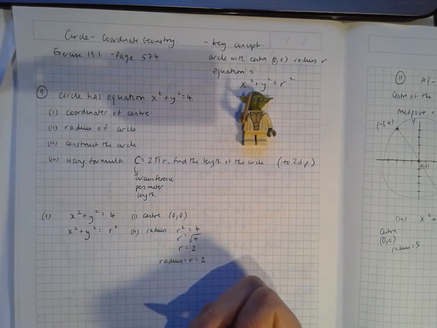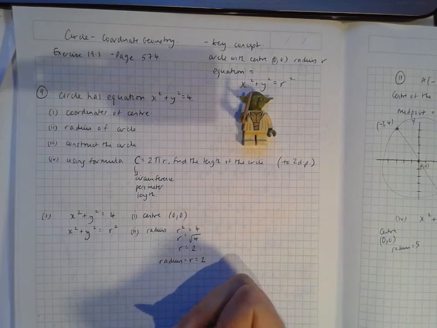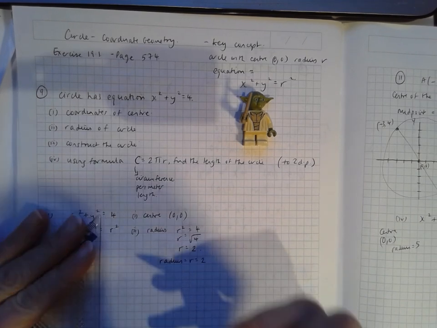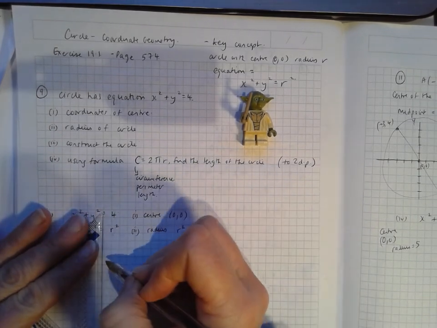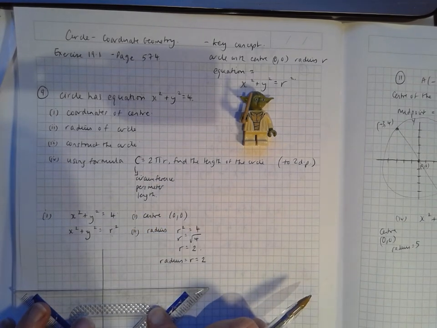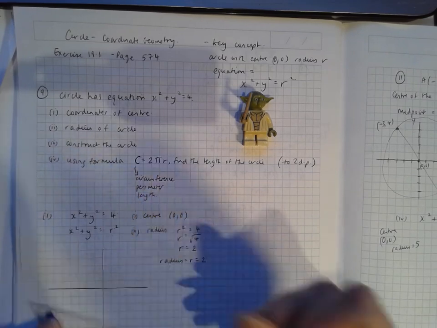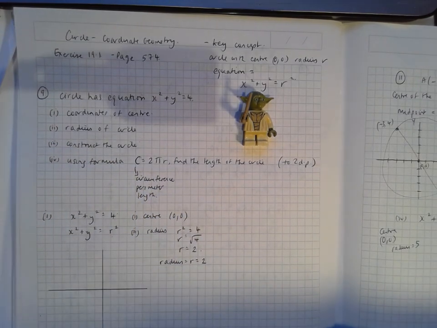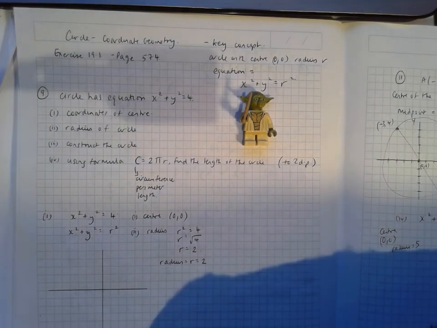I'm just going to find a ruler here, if it hasn't vanished. Oh, thank you very much. So here is my circle. Now I should be using pencil for this, but it's all right, I'll use a pen for now. And I should be using a compass, which I'm not using. Maybe I have a compass in my pencil case. Oh, that's a divider.